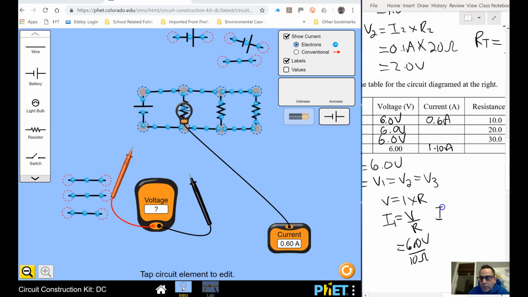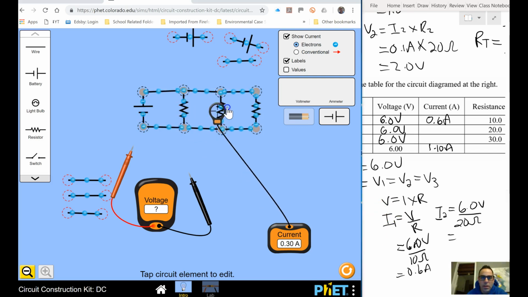The current flowing through path 2 is going to be, again, our 6 volts, but this time we've got a resistance of 20 ohms. So 6 divided by 20 is going to give us 0.3 amps.